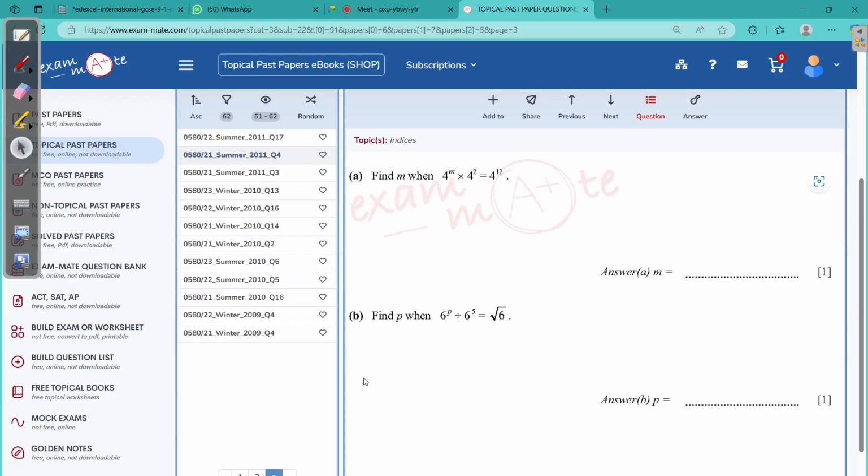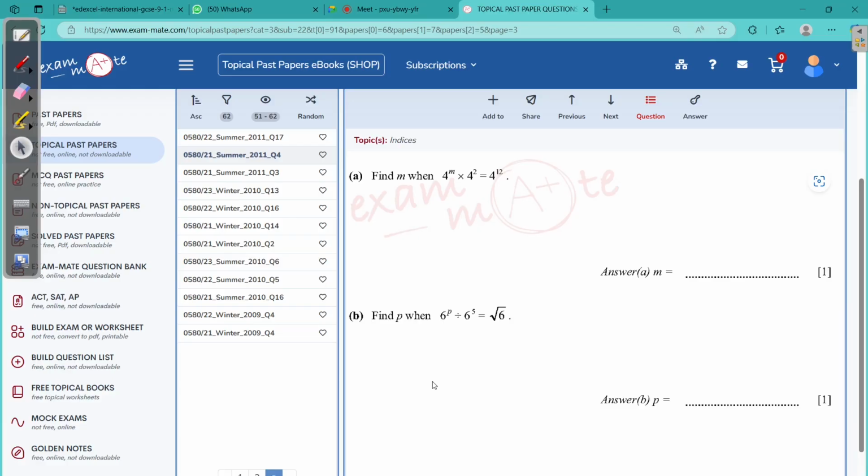Okay, please see this B bit. Find P when 6P divided by 6.5 is equal to square root 6. Okay, I think I can solve this.